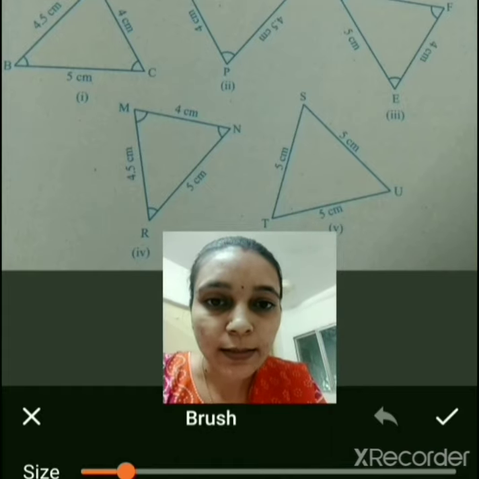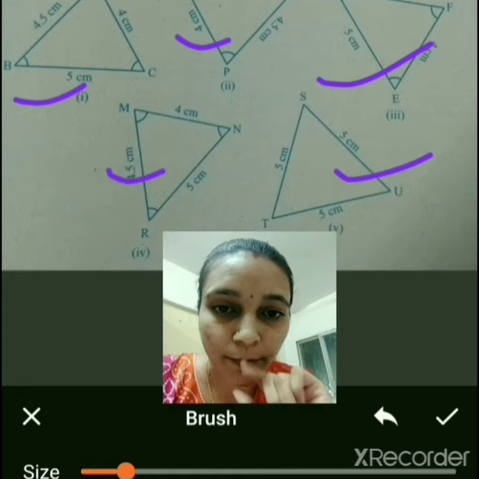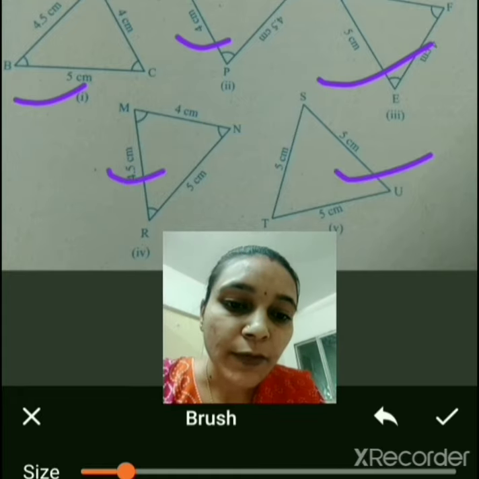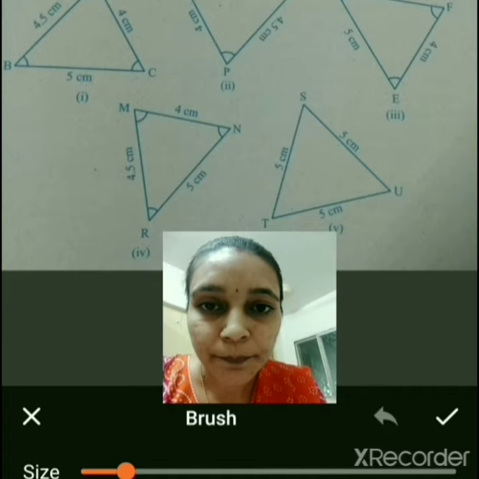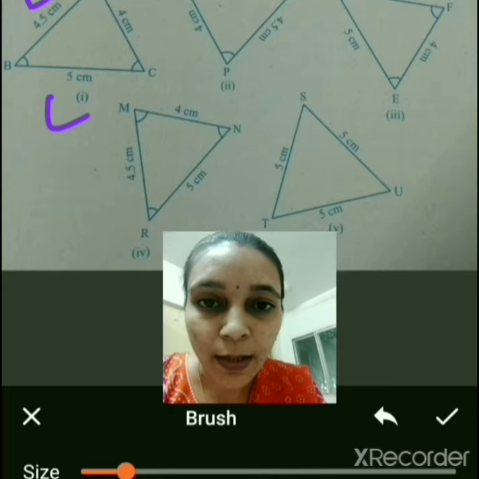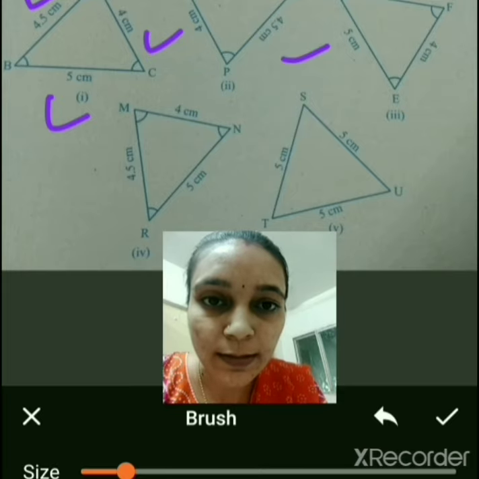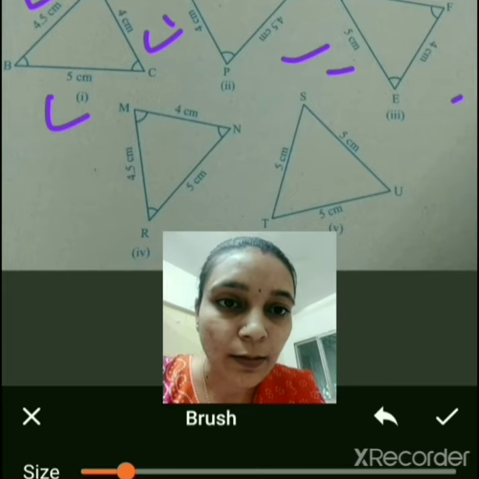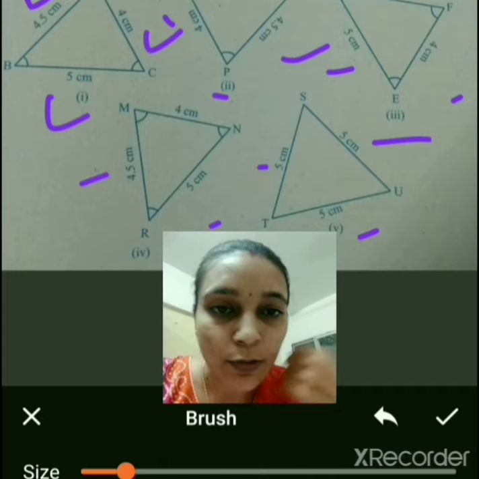Here you can see 5 figures: 1, 2, 3, 4 and 5. Can you see all 5 figures look the same? In the first figure the sides are 4.5, 5 and 4. In the second figure you can see those same sides, in the third also, the fourth also and the fifth also.